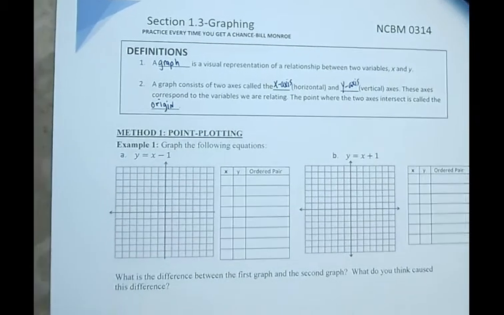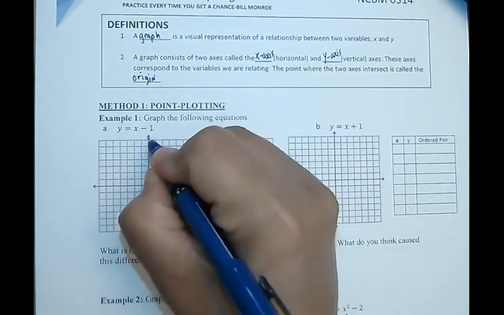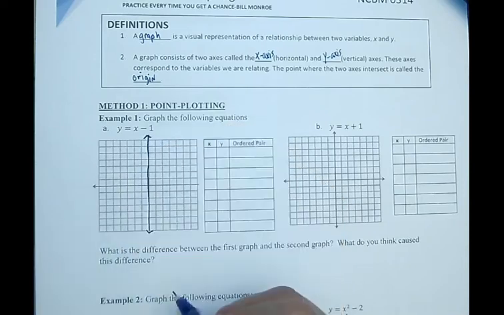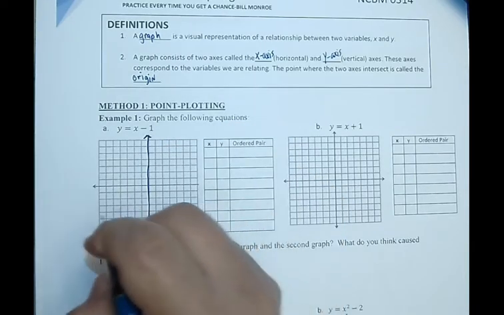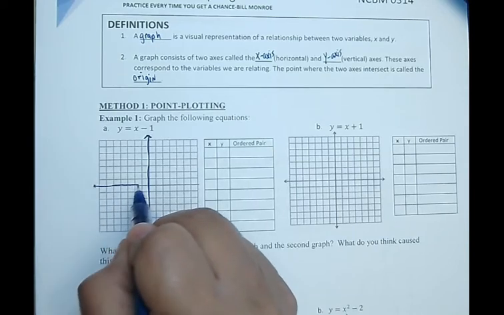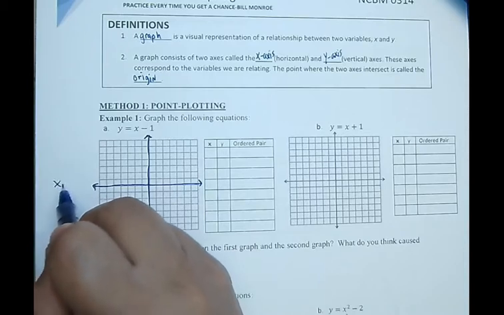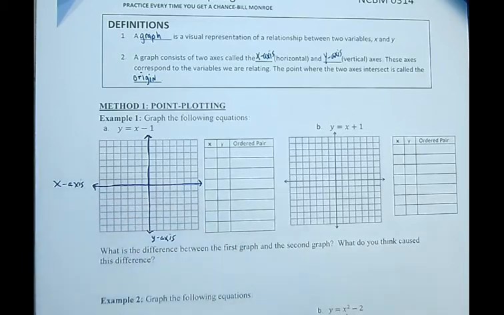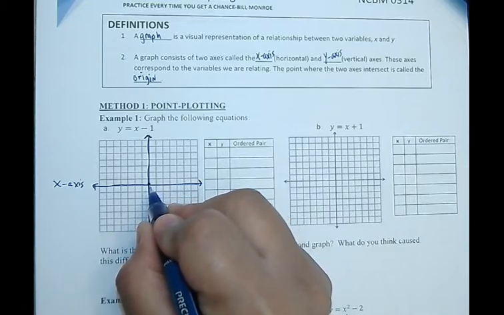So for example, this line here is called your y-axis, and this horizontal line is called your x-axis. And right at the center where they meet, this point here is called the origin.